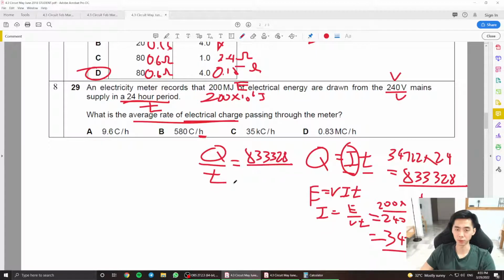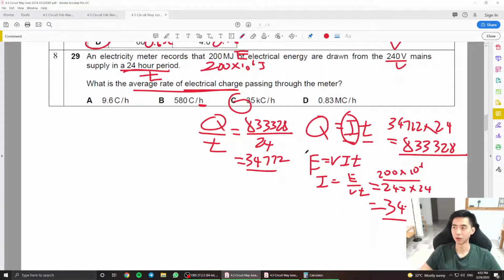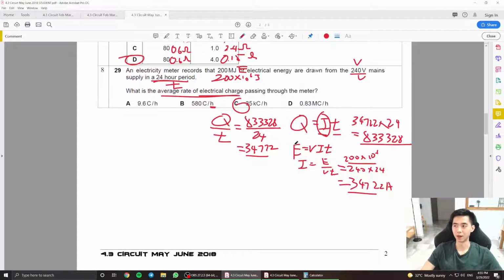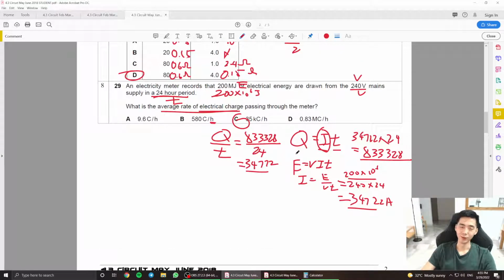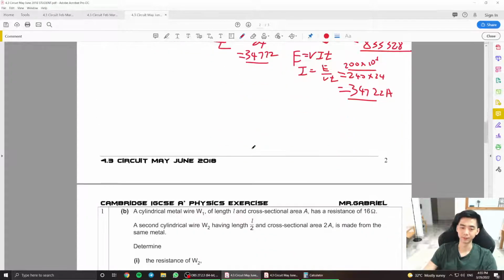I divide 833,328 by the time, which is again 24, and you will arrive back at the same value of 34722, which is, in other words, 35,000 coulombs per hour, which is supposed to be C in this case. So I'm supposed to do it one by one, and you should be able to find the answer.